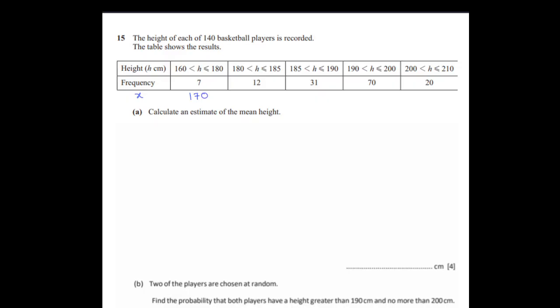Next, 180 plus 185 divided by 2, that is 182.5.